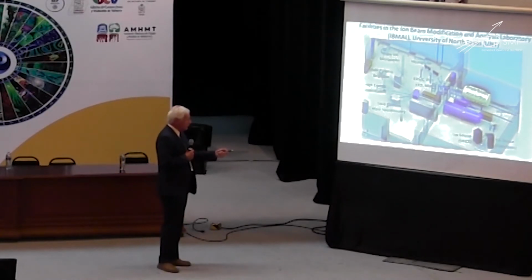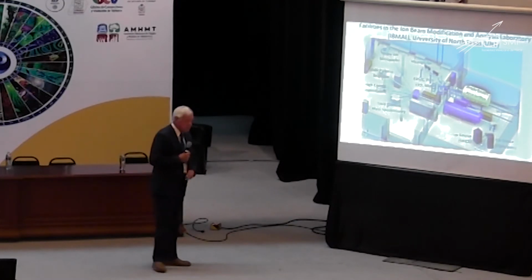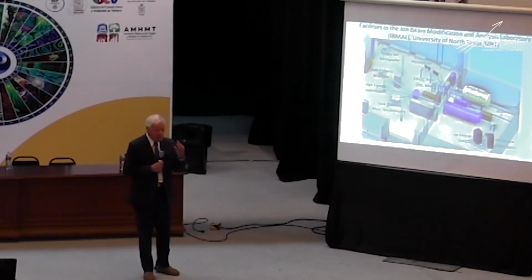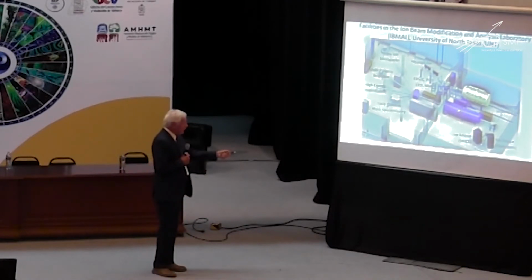Then accelerated to the terminal. If it's at 3 million volts and you have a negative ion here, you get 3 MeV of energy. You strip this carbon ion, say, of 3 electrons, so you get 3 times 3 going down the other side, so you get 3 MeV here and 9 MeV there. You get 12 MeV coming out this accelerator.